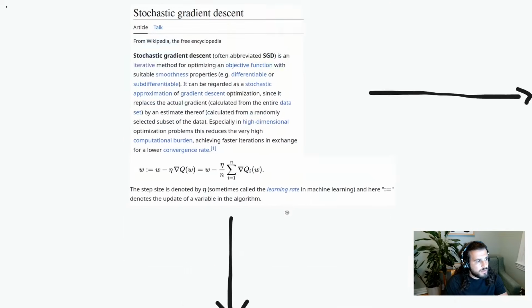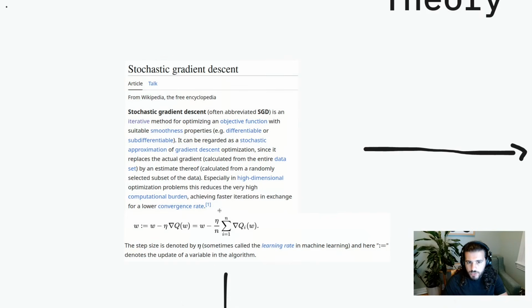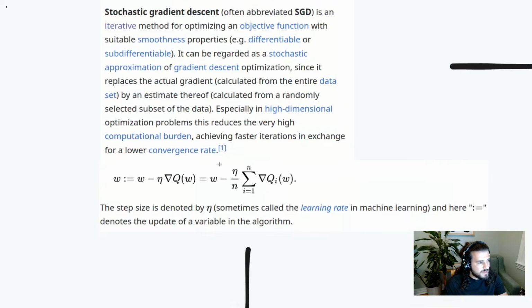If we take a step back at stochastic gradient descent, you have the simplest format, which is you have the weight, you have the learning rate, and then you have some amount of gradient here. That's roughly it. And then you have a batch that you're going to use to estimate that gradient.